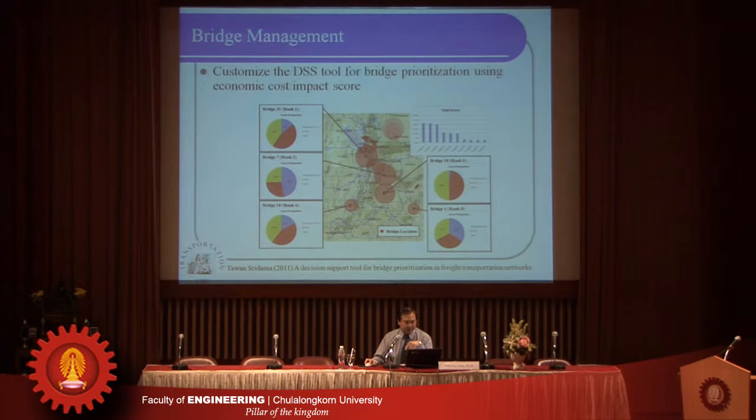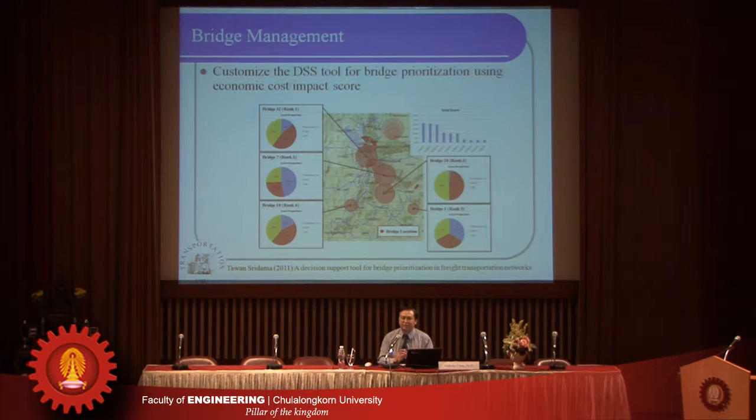And this is the bridge management, and this is done by Taiwan, my master student. He just finished. He actually used this software to add another module to do the bridge prioritization. Basically we used some economic cost and impact score. It's a very simple method.